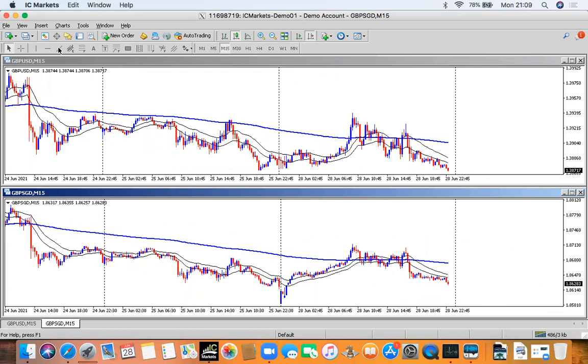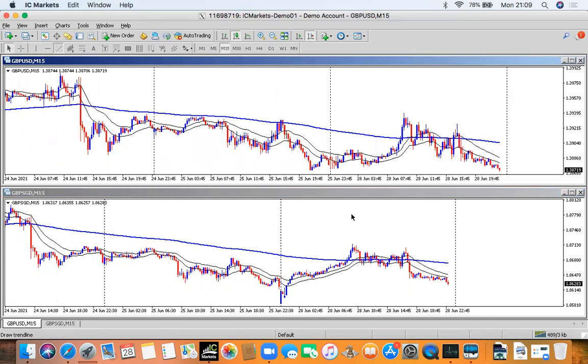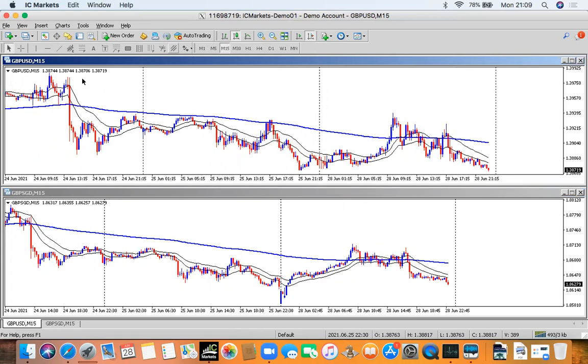You could see the same pattern today, right? But I missed my trade because this move happened way before the London market opened completely.